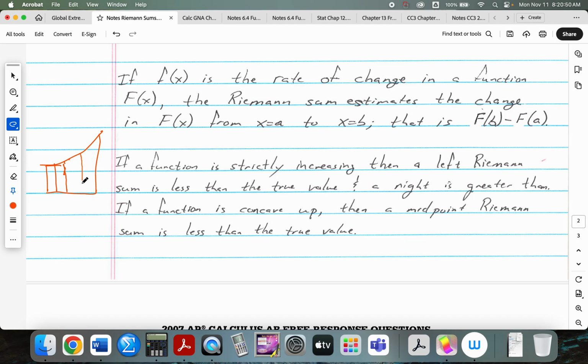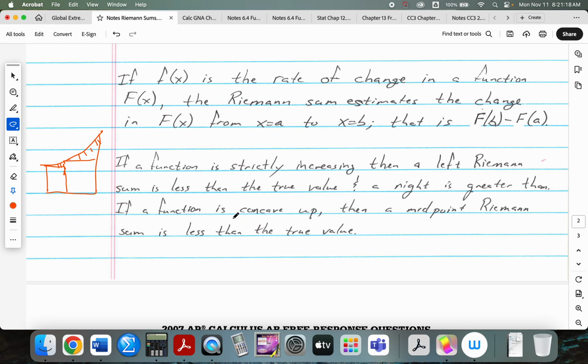It doesn't matter where you evaluate. Hang on a second. If I'm doing the left-hand evaluation, I'm missing some of that, right? I've got this stuff that is above my rectangles that I'm missing. And a right Riemann sum is greater than the true value.